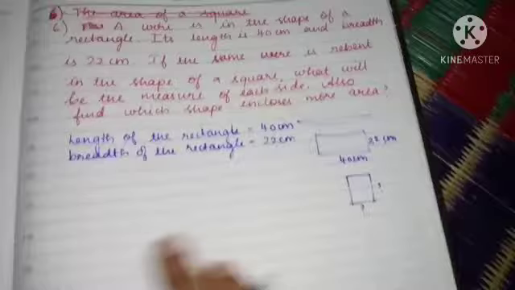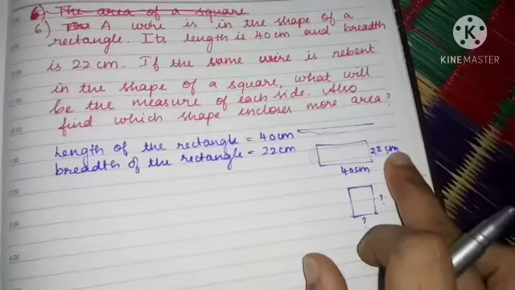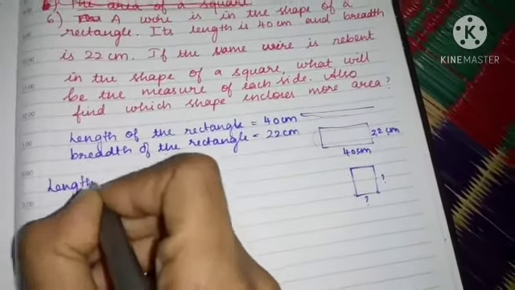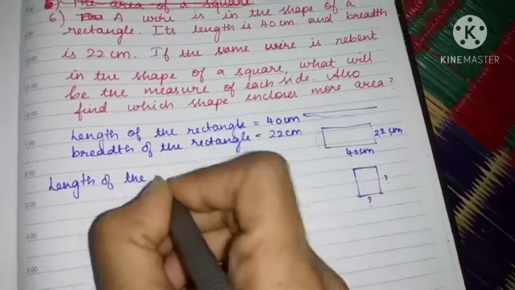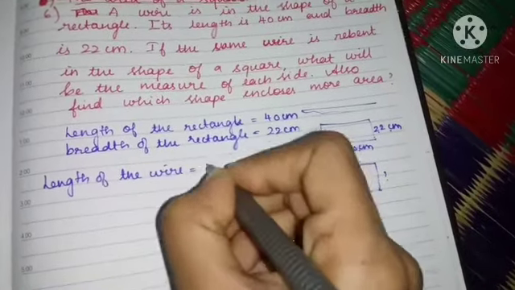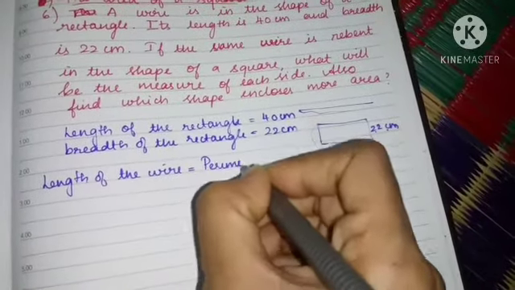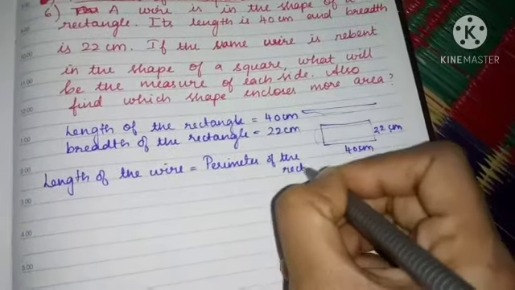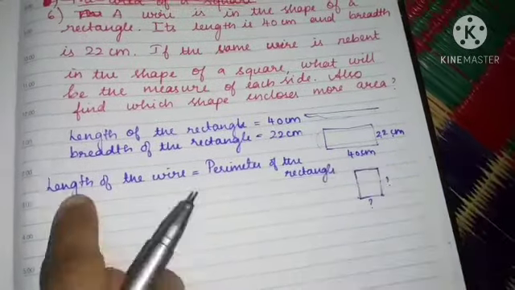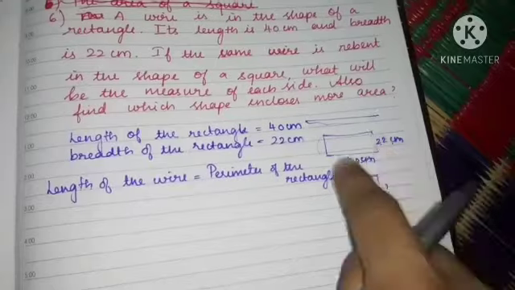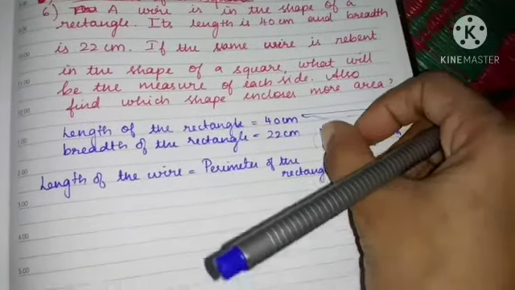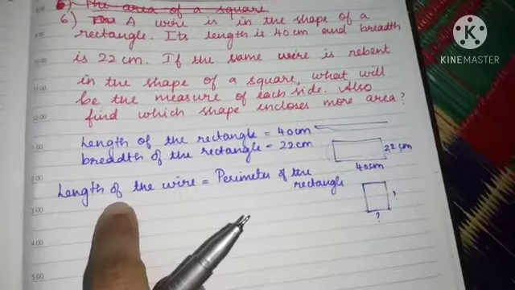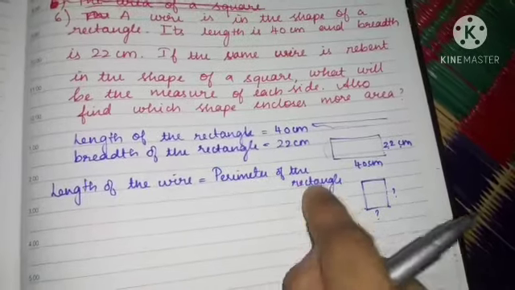So the length of the rectangle and breadth of the rectangle are given. So here the length of the wire is equal to the perimeter of the rectangle, correct? Because using this wire only I have bent it to form a rectangle. So this length of the wire has become the perimeter of the rectangle.